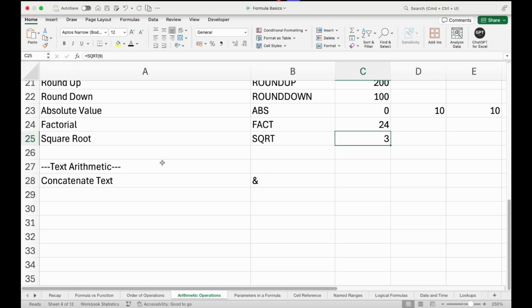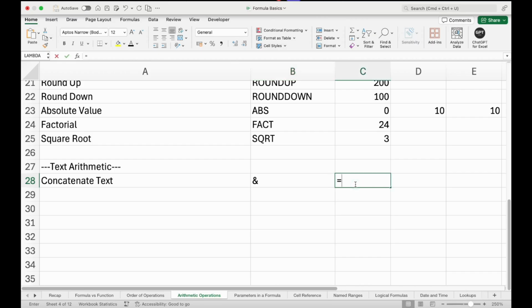Now let's look at text arithmetic, which is another special kind of addition, of text. For strings or text or alphanumeric values, we have concatenation as the equivalent of what we do as addition in numbers. So 1 plus 1 equals 2, and A plus A becomes double A, and so on. We have the ampersand symbol to concatenate or join two strings together.